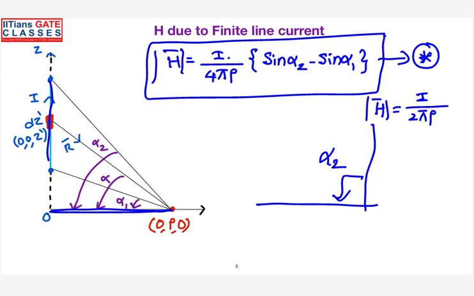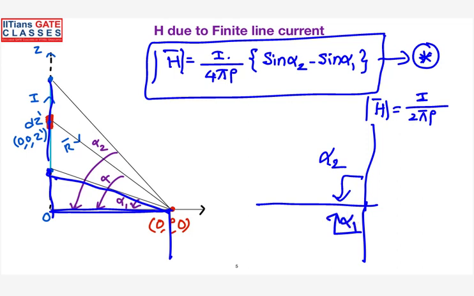And what will happen when you pull this side? Similarly, if the line goes below, that means infinitely extending to the negative z axis, this line segment becomes vertical, something like this. So your alpha 1 becomes this one.